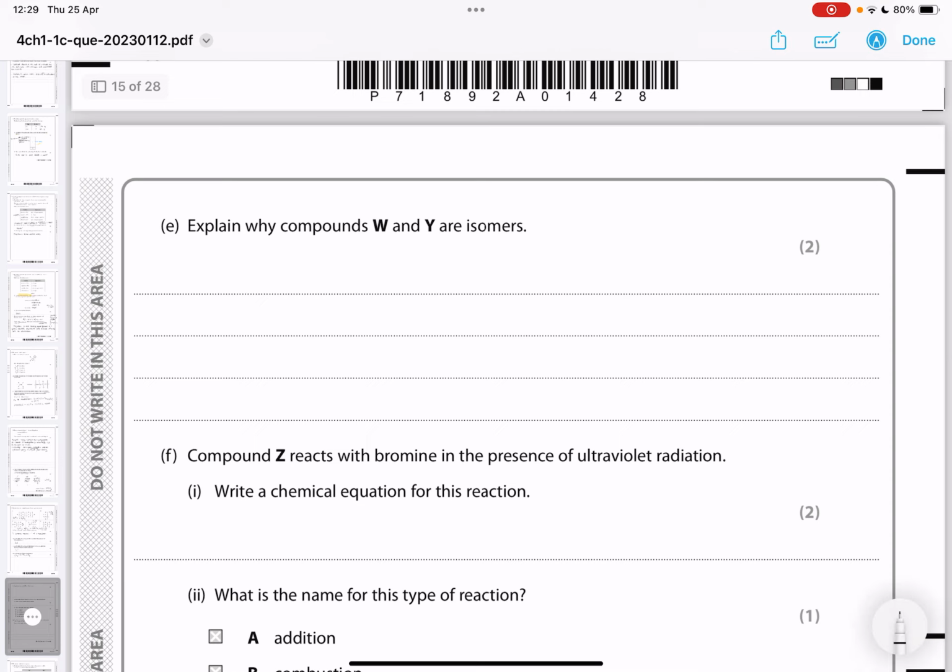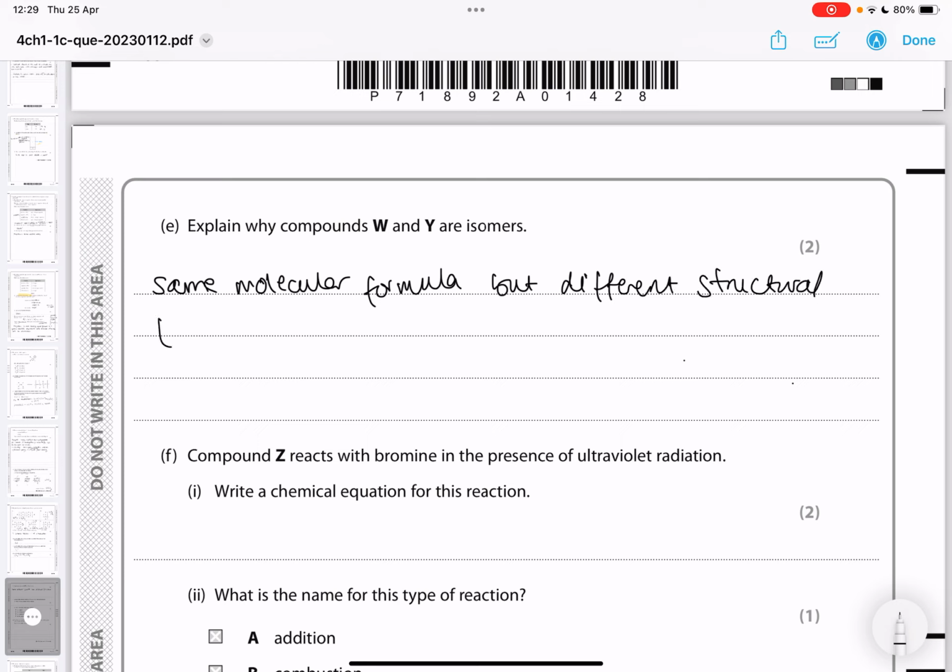So this is another definition you need to know off by heart. They're isomers because they have the same molecular formula but different structural formula. Okay? And this is also a very common question in the organic section.